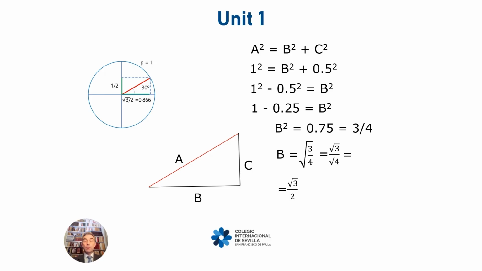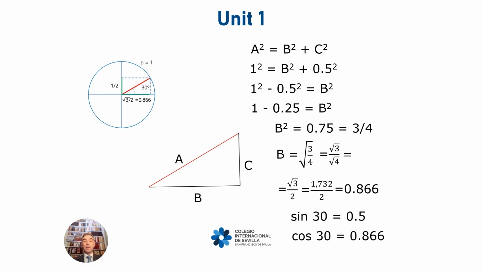And square root of 3 is 1.732. So we have 1.732 divided by 2, and that is 0.866.